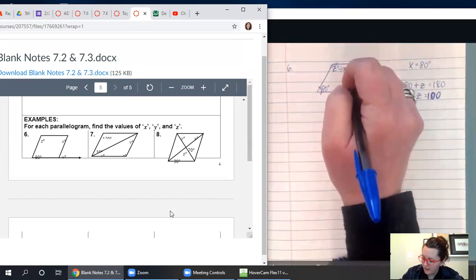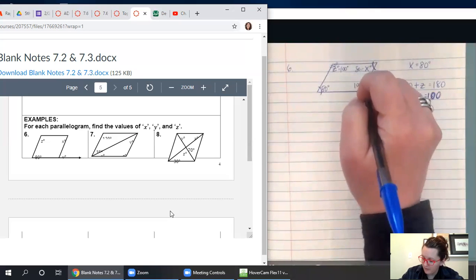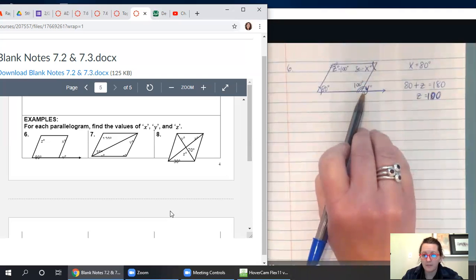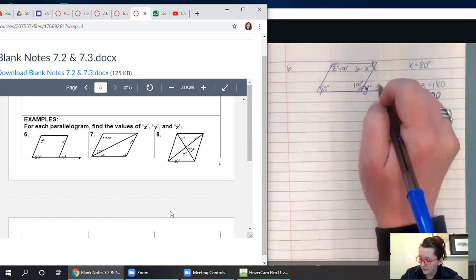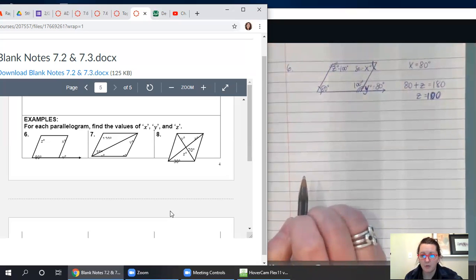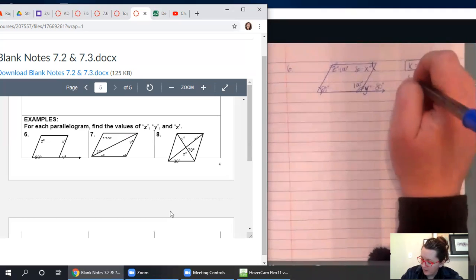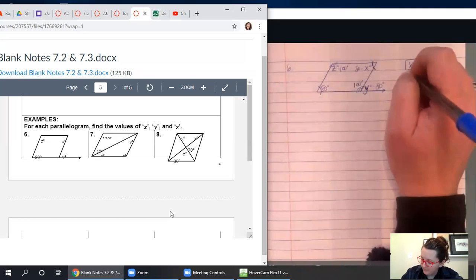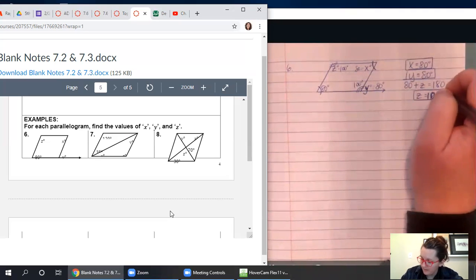This one equals 100. Opposite angles are congruent. This one equals 100. And this is prior knowledge here. If they're a linear pair, this one would also equal 80 because they equal 180 together. So X equals 80, Y equals 80, and Z equals 100 degrees.